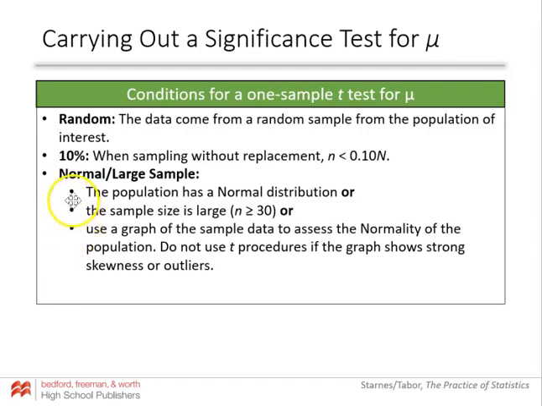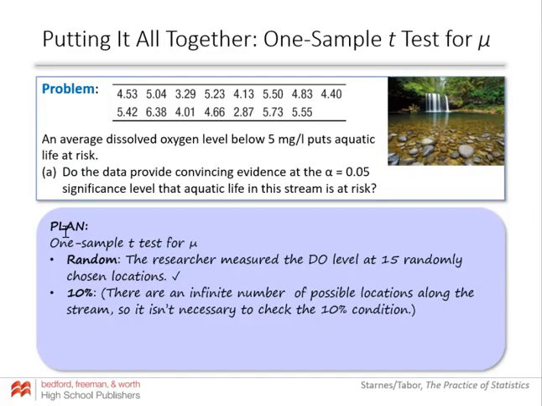It's got to be one of these three things. Either the population is normally distributed, which is information that would be given to you in the problem. The sample size is at least 30. If both of these things are not true, then we're drawing a graph and looking for any strong skewness or outliers. Again, I would suggest using your calculator to draw the box plot because it will identify outliers for you.